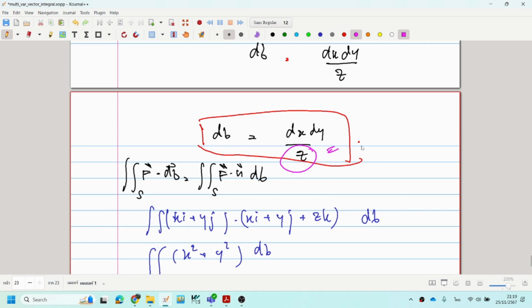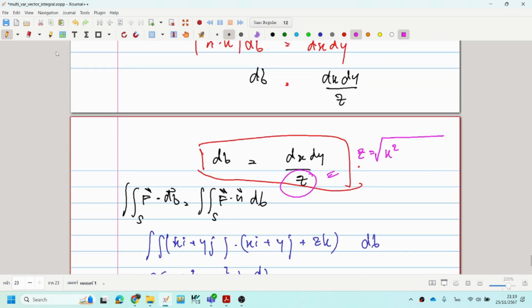Okay, that means you get c equal x square, sorry. Okay, step by step. X square plus y square plus c square equal 1.